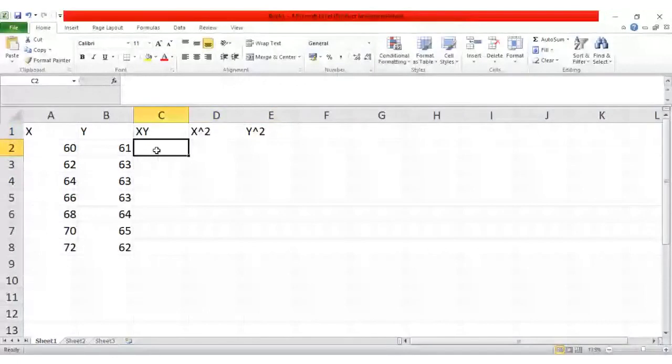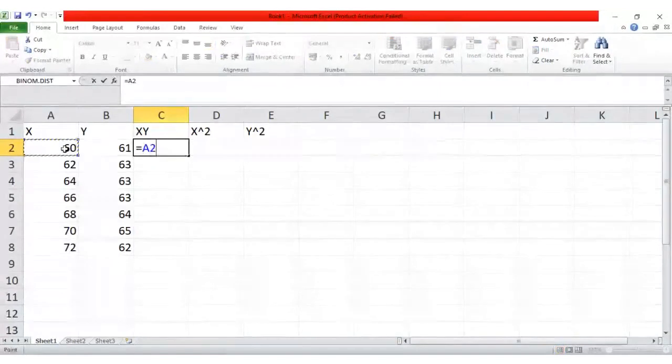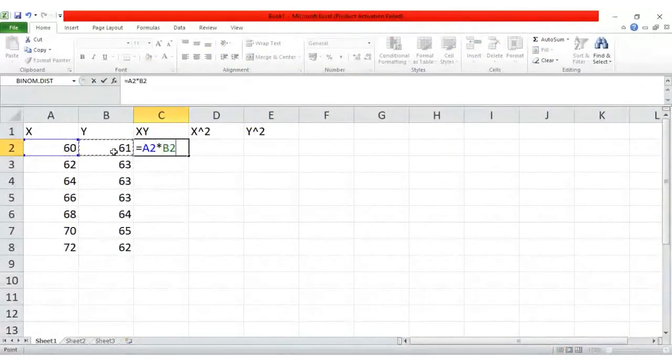The drawback of this method is that the values will get very large, because when you square these big numbers, they come out big. For example, here I am multiplying the x value with the y value. You also have a calculator, so you do it with me also.